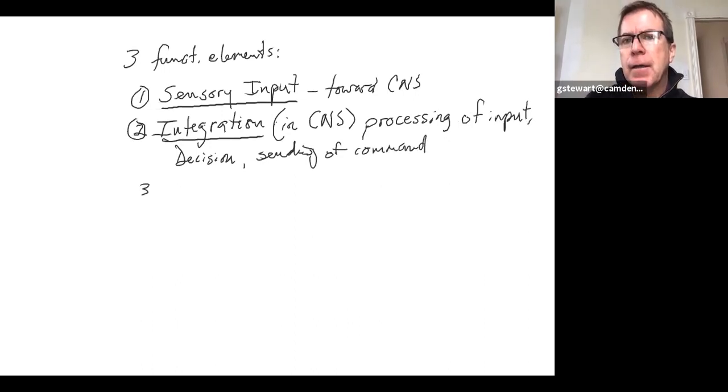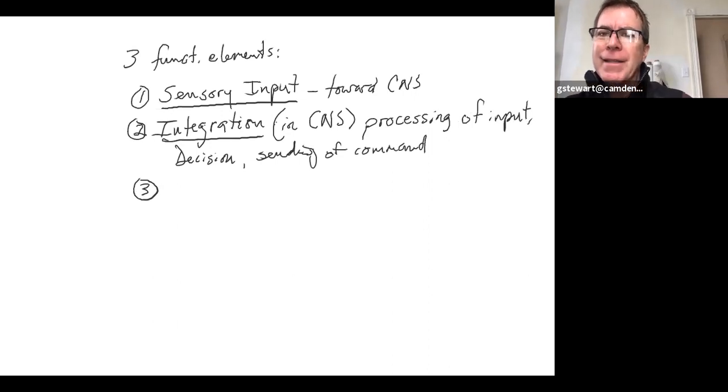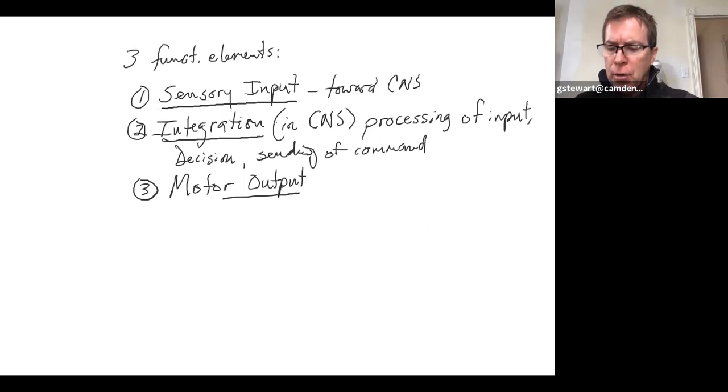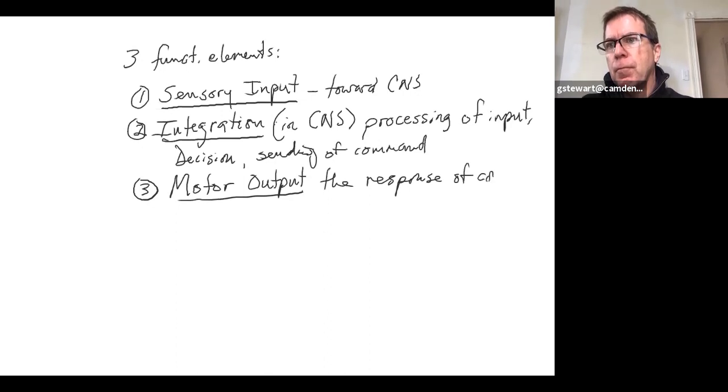And finally, after that command is sent out, that response is sent out of the central nervous system, the functional element is called the motor output. And the motor output is simply the response of the command to a destination.